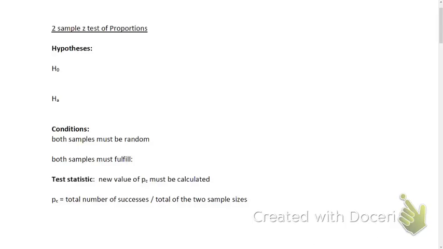In stats, we move to two sample z-test for proportions, or as it's typed in the calculator, 2-PropZTest.